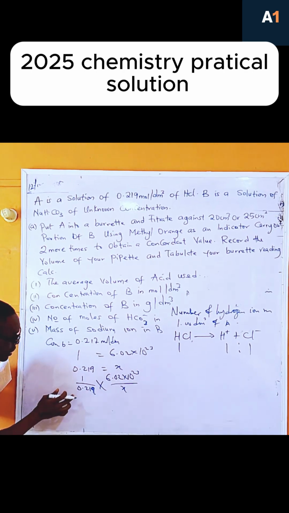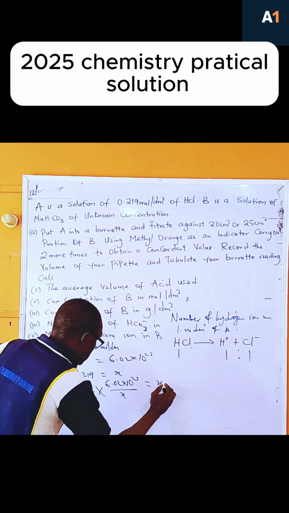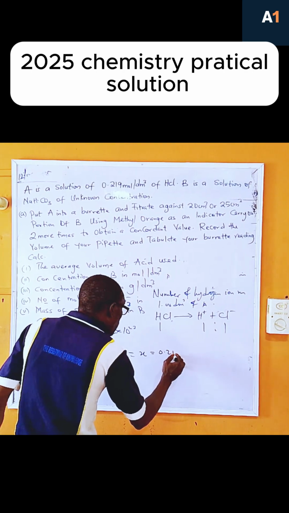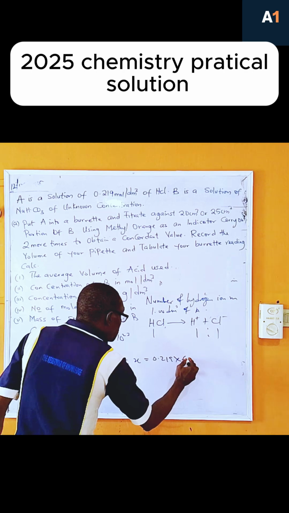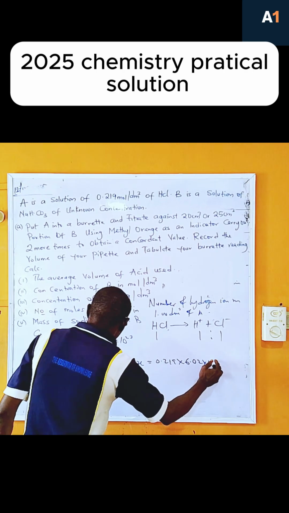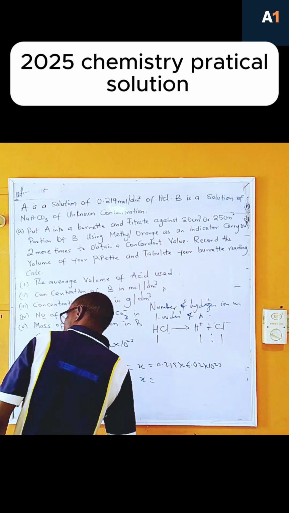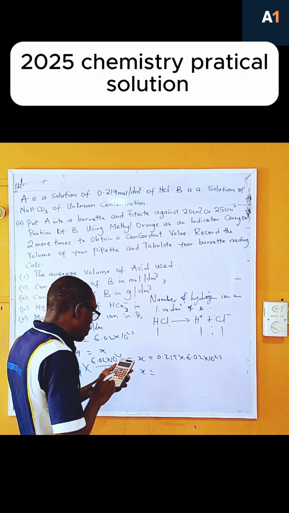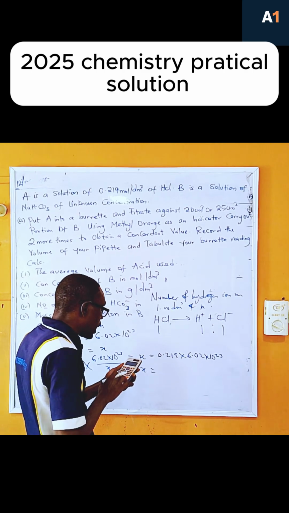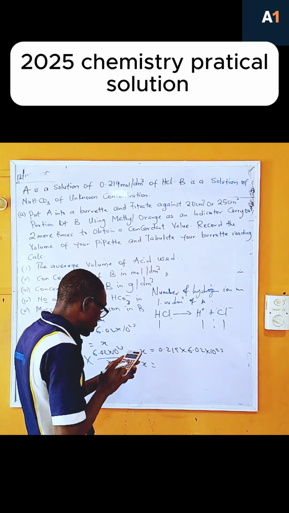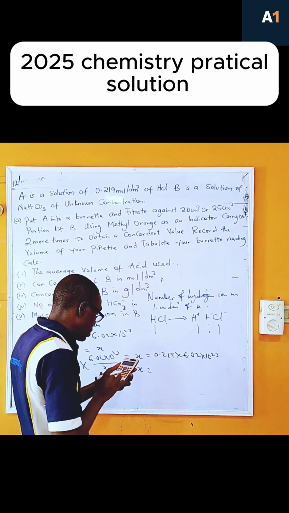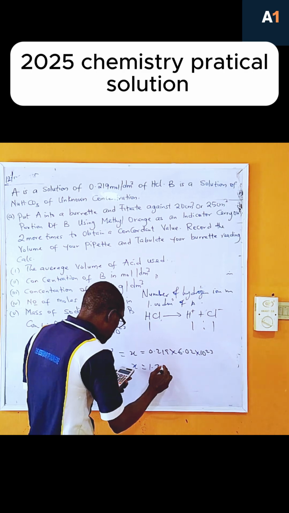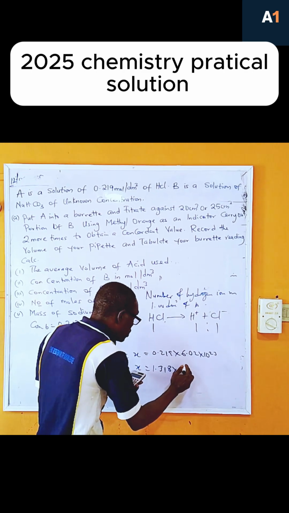So x is equal to 0.219 times 6.02 times 10 raised to the power 23, which gives us 1.318 times 10 raised to the power 23.